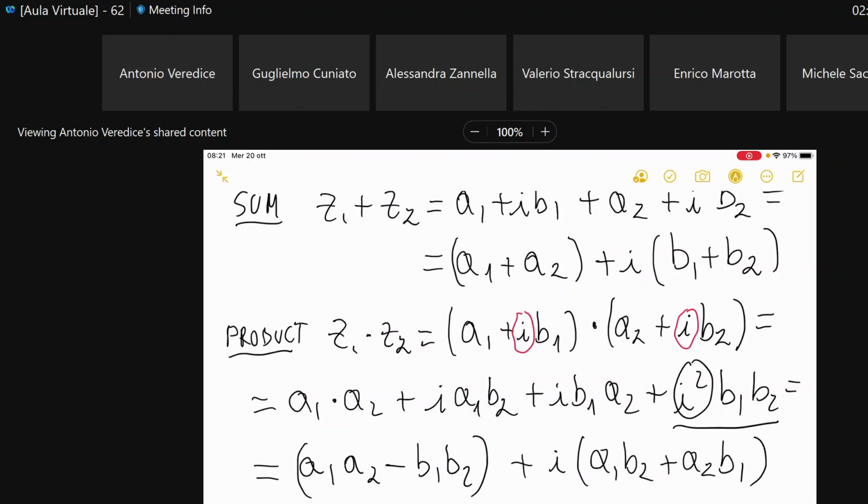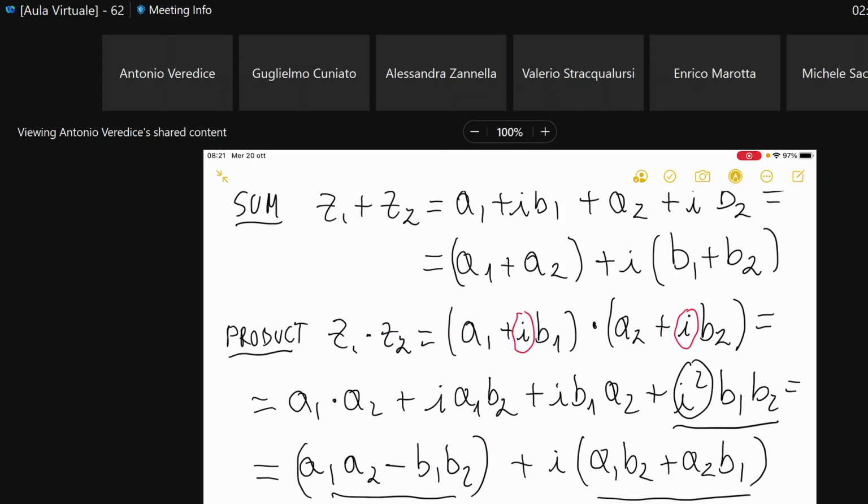So this is the product of two complex numbers. A1 A2 minus B1 B2 is the real part, plus i, the imaginary unit, times (A1 B2 plus A2 B1), is the imaginary part. Are you okay with this?